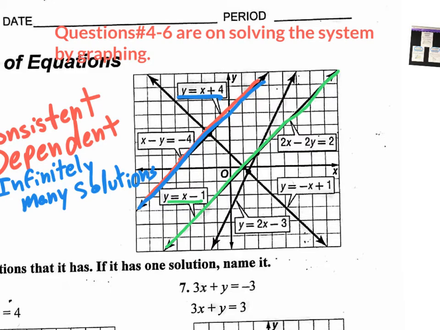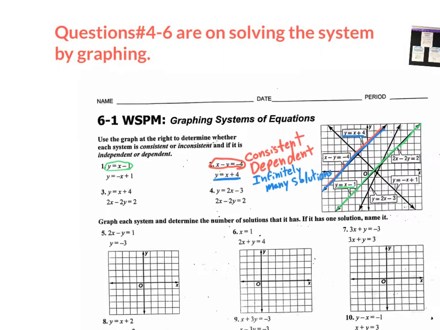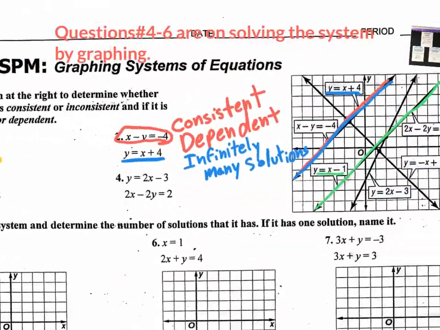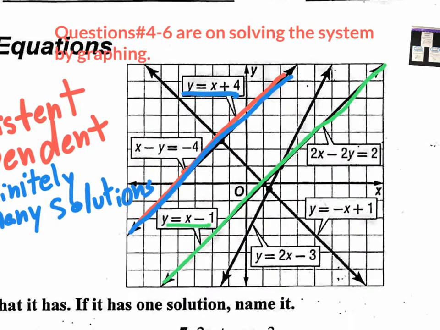Okay. And let's look at the other equation. Let's do the other equation in yellow. It says y equals -x plus 1. So where's y equals -x plus 1? That is right here, which is this line right here.